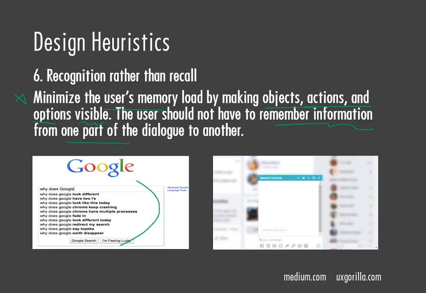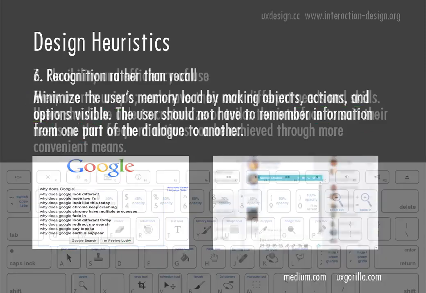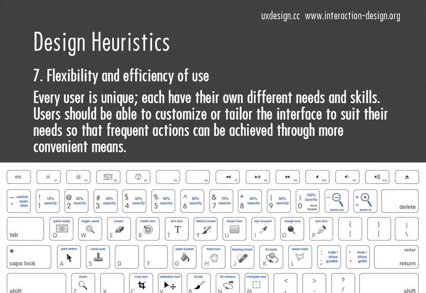Okay, for the second example, almost every messenger application has the chat history, which lets you start the conversation from the point where you left it. So that you don't have to recall the conversation hours ago or maybe years ago. Okay?